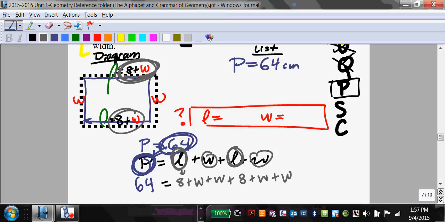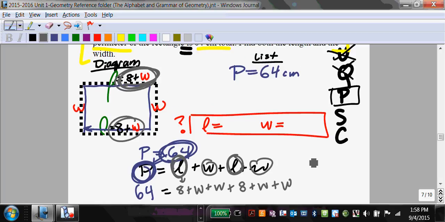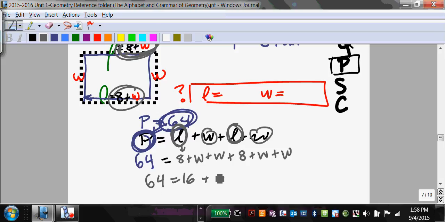Solve for W. Find the width. Ready, turn around, face each other.